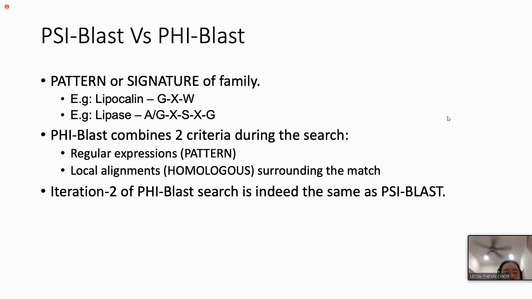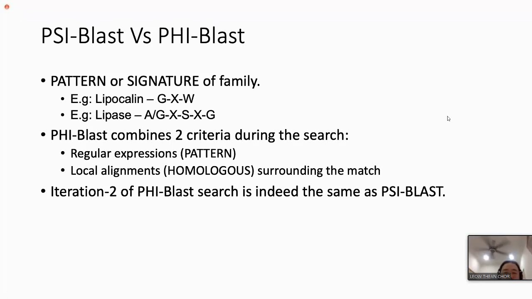So iteration 2 of PHI-BLAST is indeed the same as PSI-BLAST. The difference between PHI-BLAST and PSI-BLAST is just the pattern that is used to perform the search. And then iterations 2, 3, 4 for PHI-BLAST are actually the same as PSI-BLAST. The same PSSM will be constructed based on the input sequences from the previous iteration blast, if you perform multiple sequence alignment and then convert to PSSM.